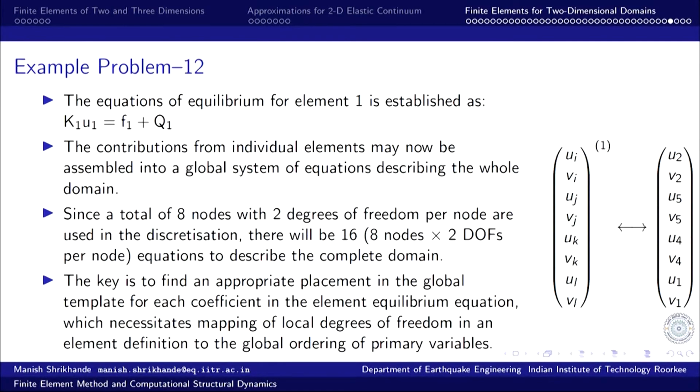So, once we have this evaluation, now for element number 1 the equilibrium equations look like: stiffness matrix for element 1 multiplied by the nodal variables, the primary variables for element number 1, is equal to the element force vector for element number 1 and the secondary variables, reactions for element number 1.